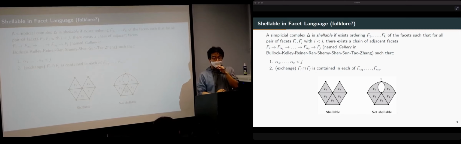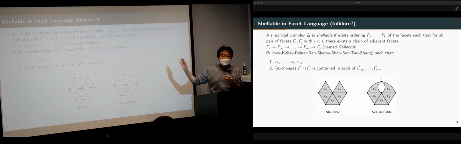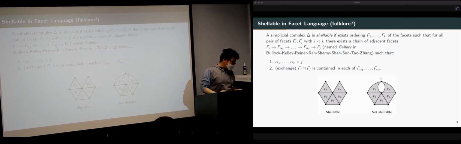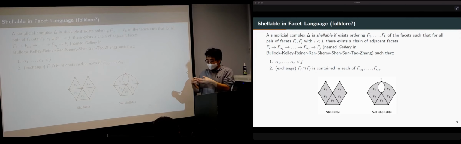So that's another way to see shellability. Any questions? Yes, adjacency is basically: is there a codimension one face that they both share?